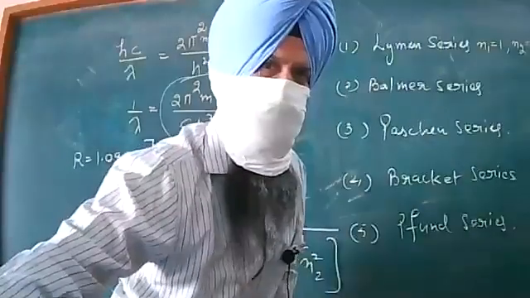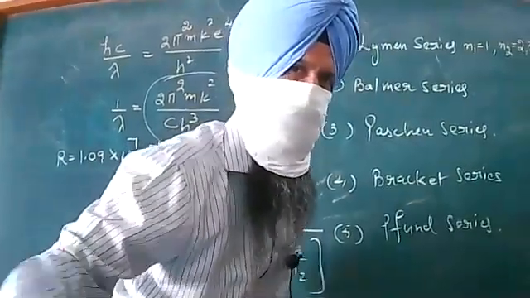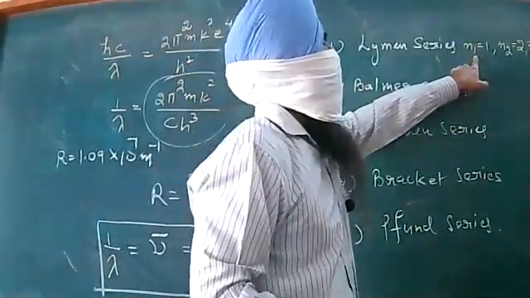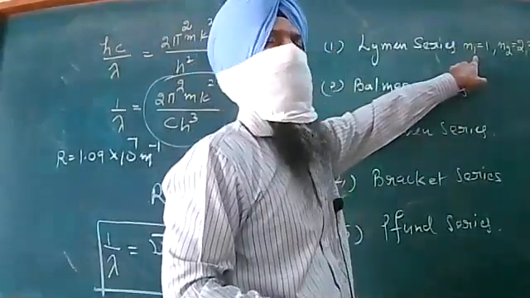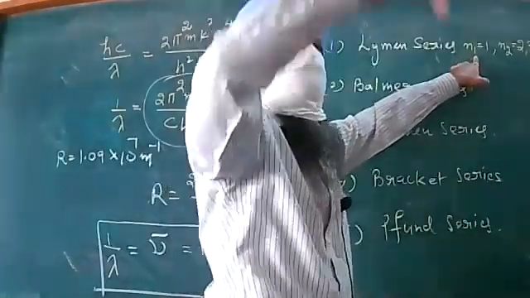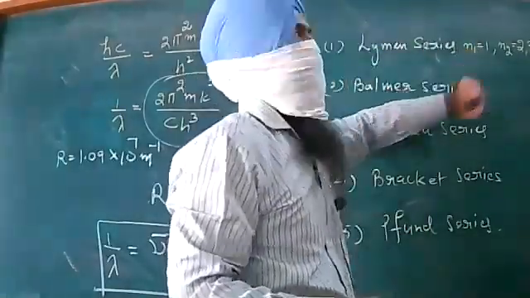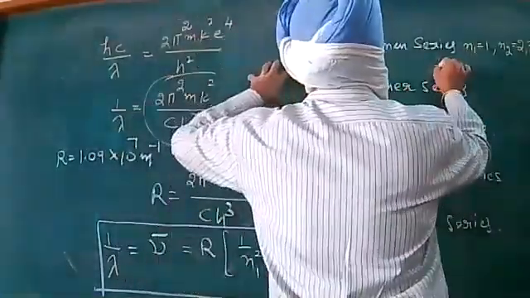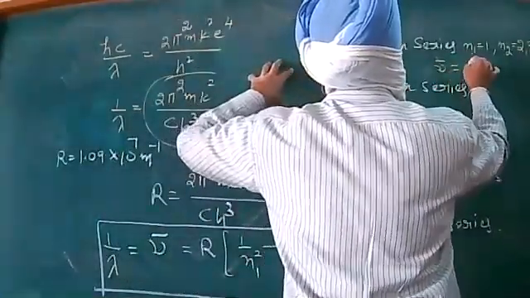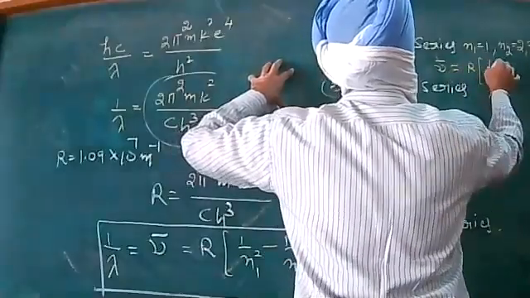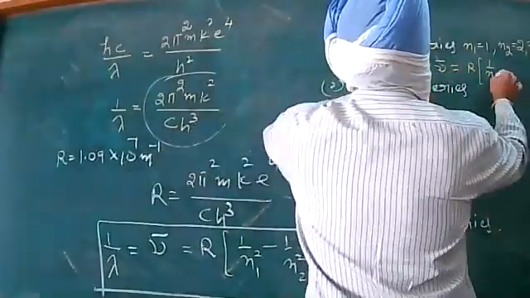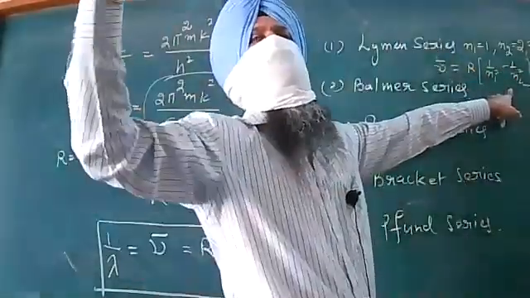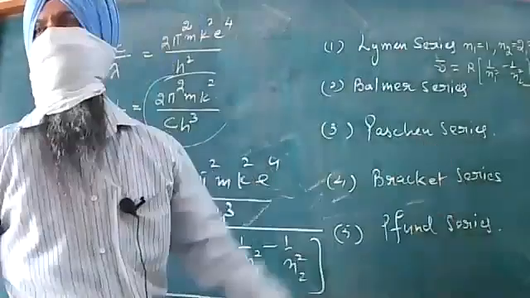All the higher values are present over there. So in this manner beta, all the jumps are from higher orbits to the first orbit. And if I write the expression nu bar or 1 by lambda will be equal to Rydberg's constant times 1 by, and it is just the repetition, otherwise no use of this. These values we may go on substituting and we will get it.